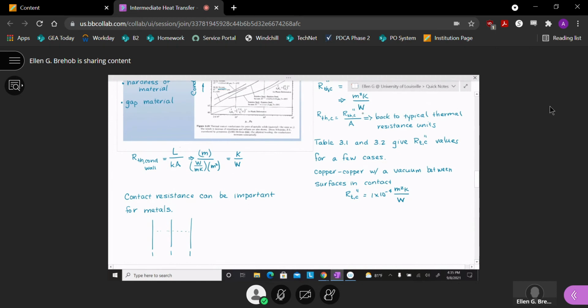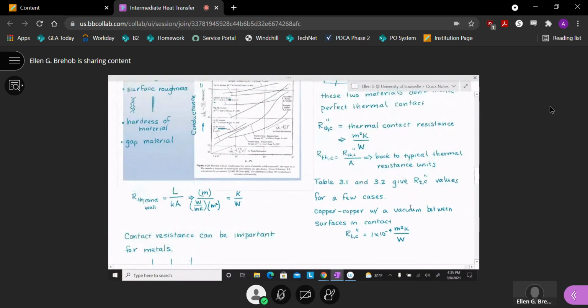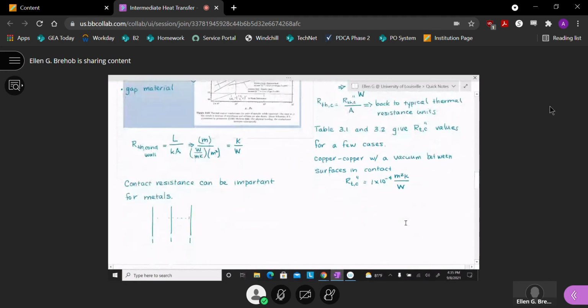So contact resistance, even though it's tiny, we looked up this value over here. Oh, where did it go? Oh, it's right here. Okay, but the conduction resistance for a slab of metal is pretty small itself. So this contact resistance might be on the same order and is important to include.